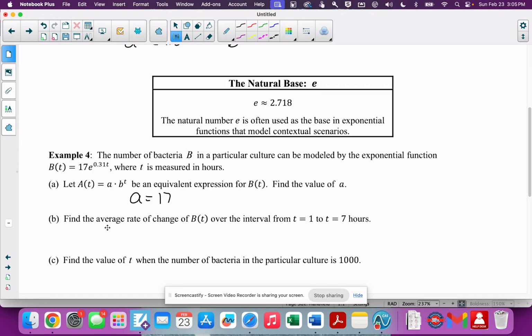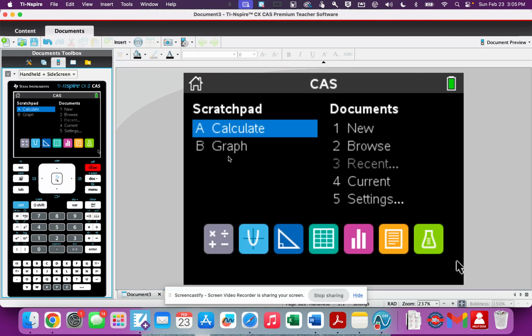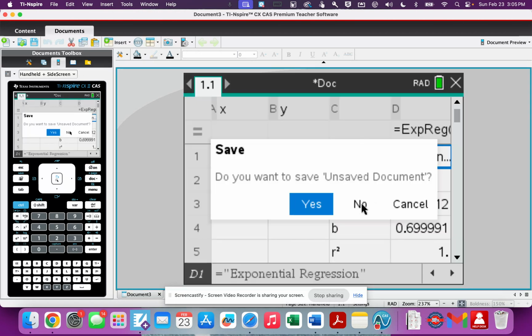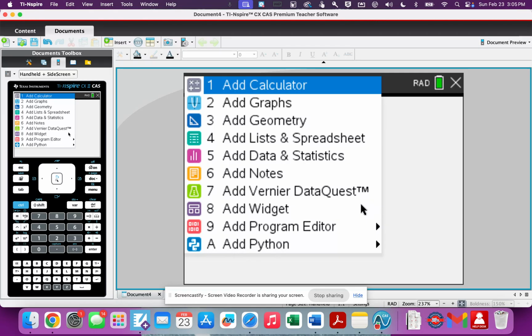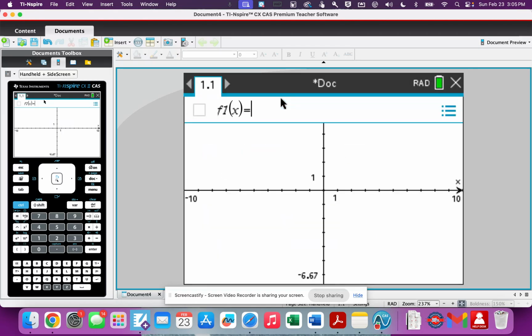So we want the average rate of change from 1 to 7. I'm going to go back to my calculator because I'm actually going to put this function in and get the values from there to make my life easier. And that's what you'd be expected to do as well. I'll tell you what, I'm going to go ahead and graph it.